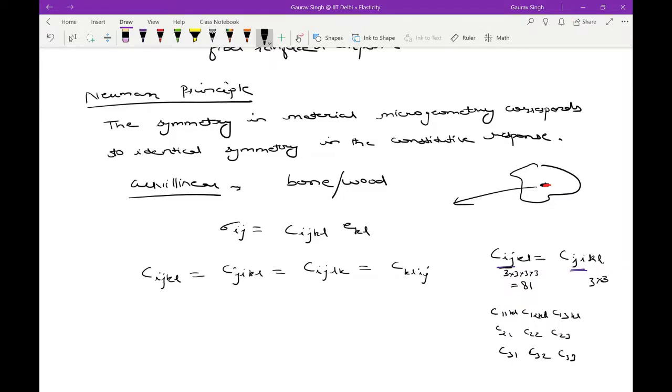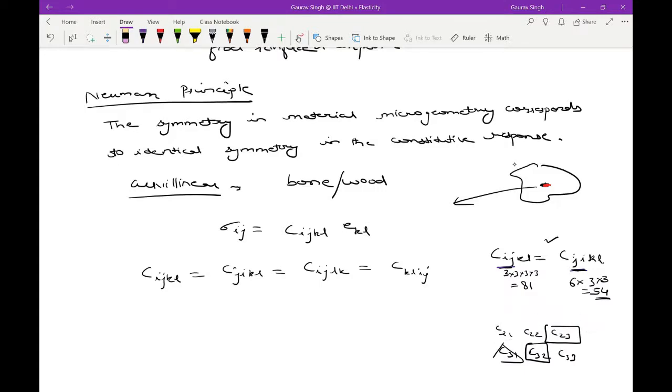Now because this is the same as this, and this is the same as this, you will be left out with 6 components. Okay, so this ij combined can take 6 values. That makes it 54 constants. Okay, just this first symmetry relation.